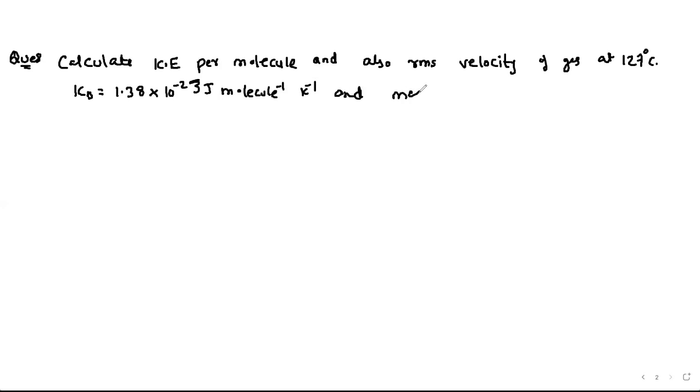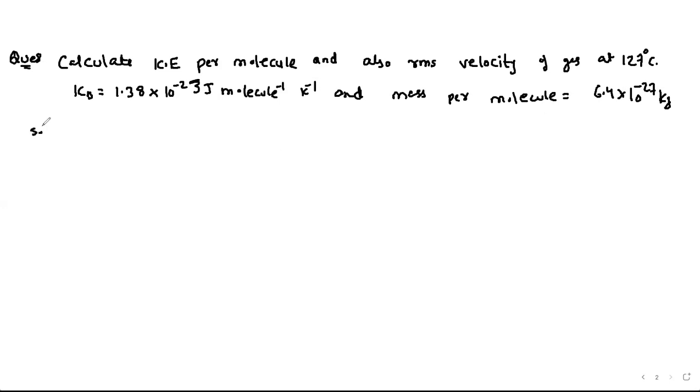And the mass per molecule, meaning the mass of one single molecule, is 6.4 into 10 raised to the power minus 27 kg. Solve it.